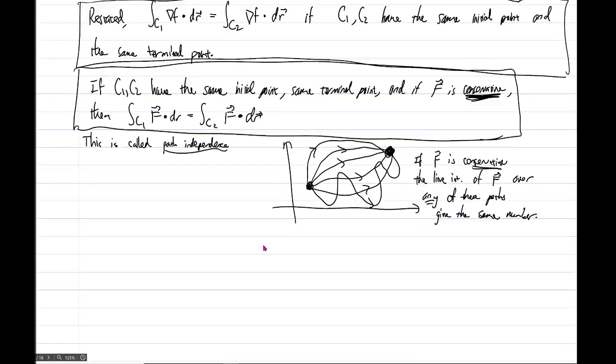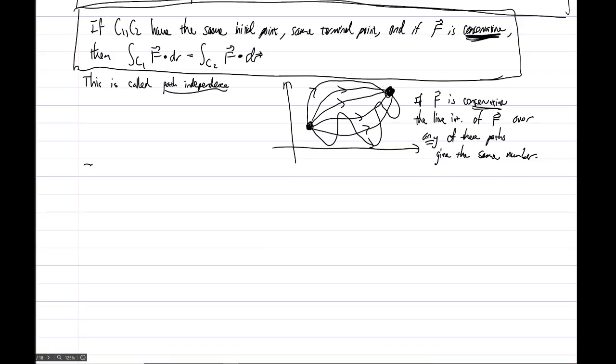Alright, so if capital F is conservative, so if you have a conservative vector field, then you have path independence. Okay, if then. Now here's the funny thing.